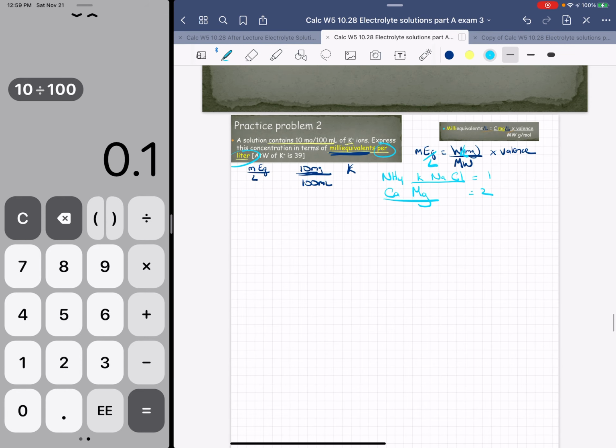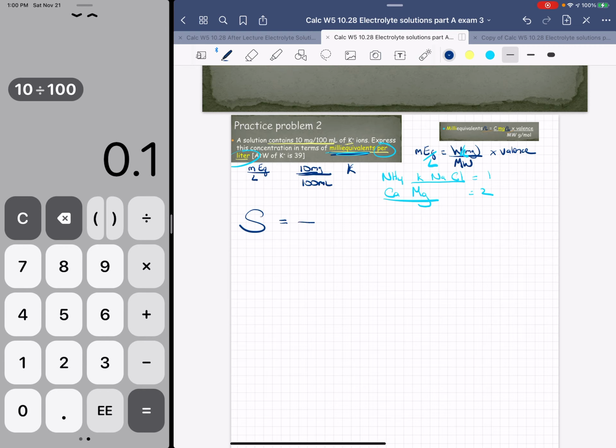And then now we plug and play. I am looking for the milliequivalents per liter, and that is easy because I'm looking for that over here. I'm just going to call that S because I like S. It's pretty. Okay, so S is equal to, plug and play, my weight, but I'm actually looking for my concentration at this point.